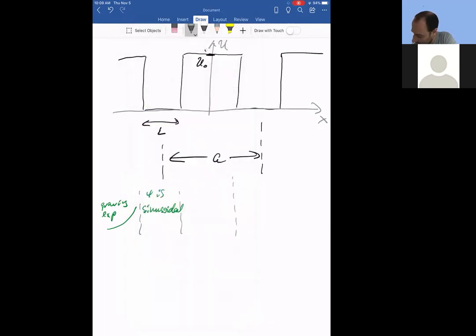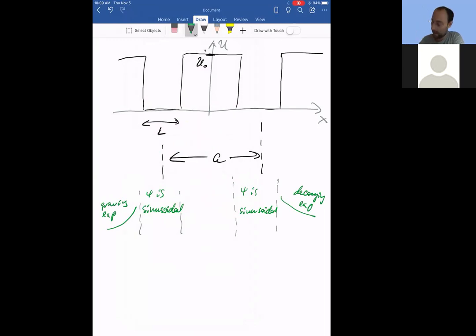Inside the second well, it's also sinusoidal. Here, it's decaying exponential. And in between the wells, it can be a sum of growing and decaying exponentials.